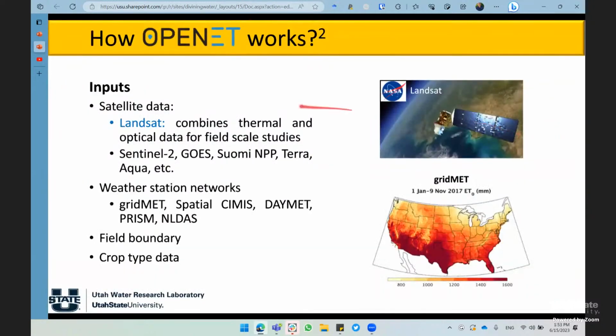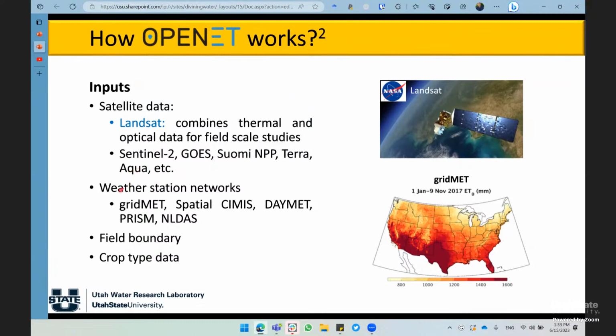How OpenET works. The input that OpenET uses is satellite data, mainly Landsat data, that is currently the only one that combines thermal and optical data for field scale studies. Besides that, it uses Sentinel-2, GOES, Suomi NPP, Terra, Aqua, and other satellites.